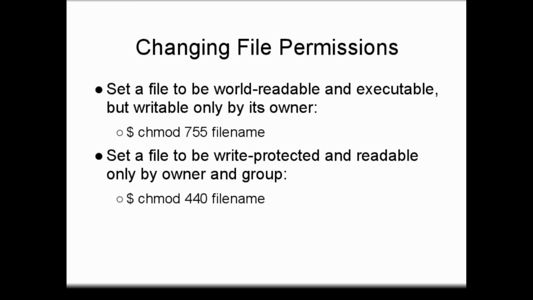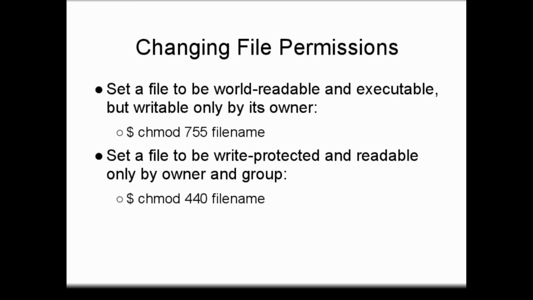Changing file permissions can be done with the chmod command, and by example, a file can be set to be world readable and executable, but writable only by its owner using the command chmod 755 and the name of the file. A file could be set to be write protected and readable only by the owner and group by running the same chmod command, only with permissions 440.